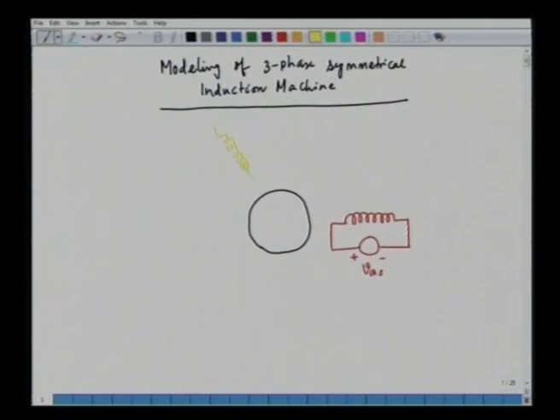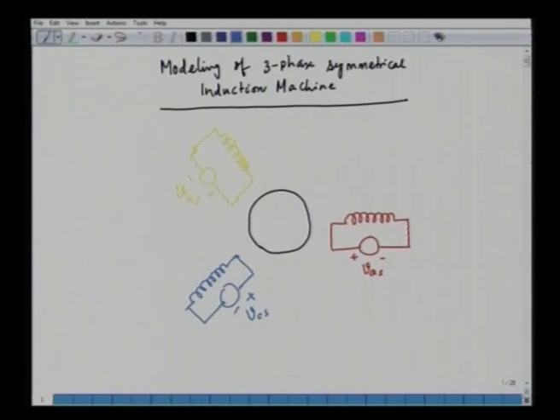This is phase B shown in yellow color, and we excite this from a voltage VBS, and we have a phase C shown in the blue color, and we excite it from a voltage source, that is VCS.